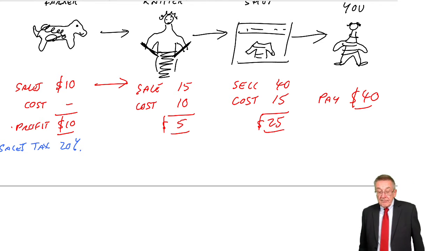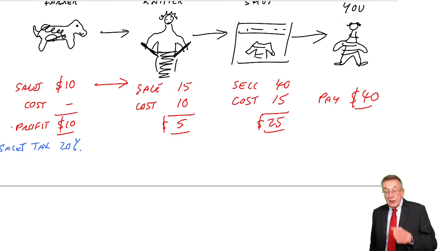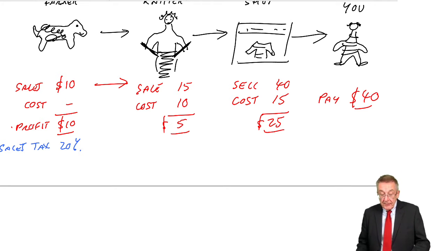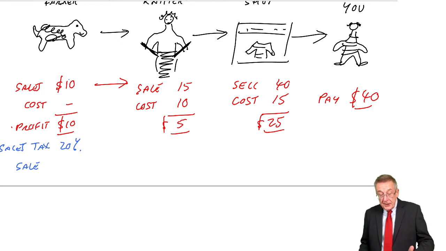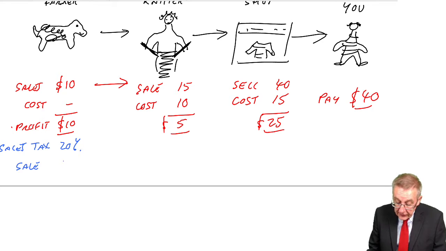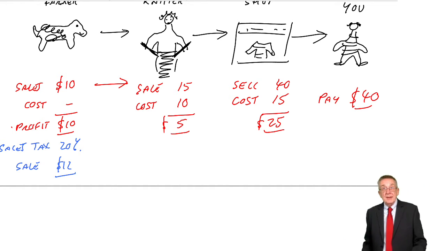First of all, the farmer. The farmer has to add on tax at 20%. It was going to be 10, and 20% is 2, so they'll sell for $12.